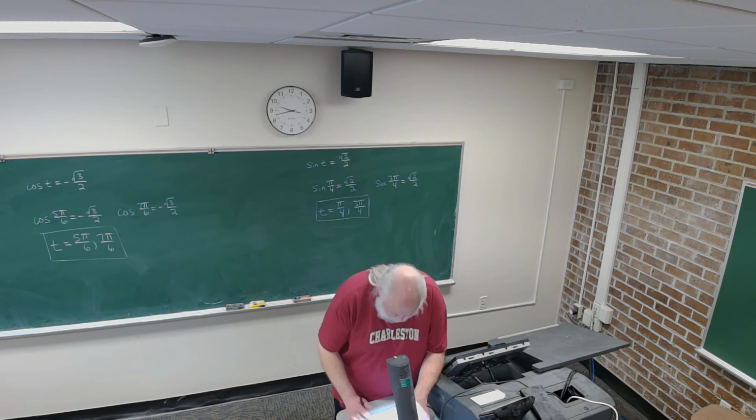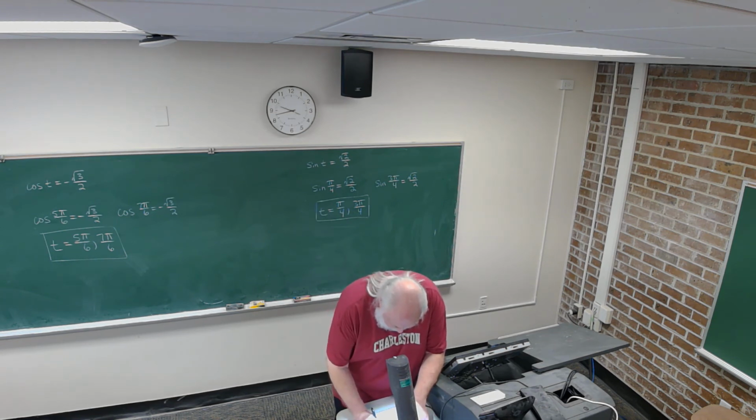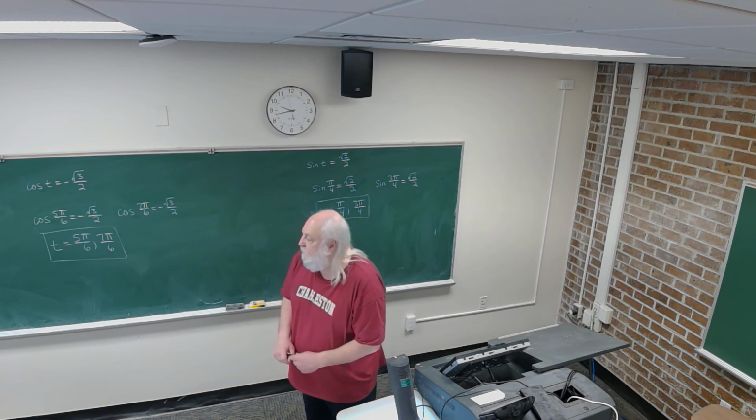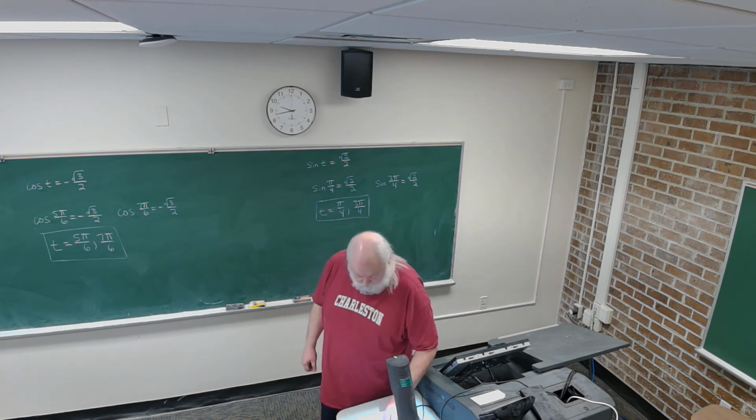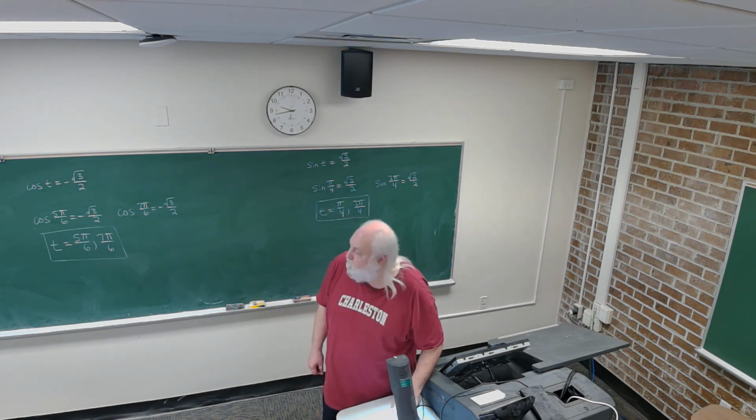And down below here, cosine of x minus pi over 2 is equal to sine x. We can make those conclusions based on the graphs.